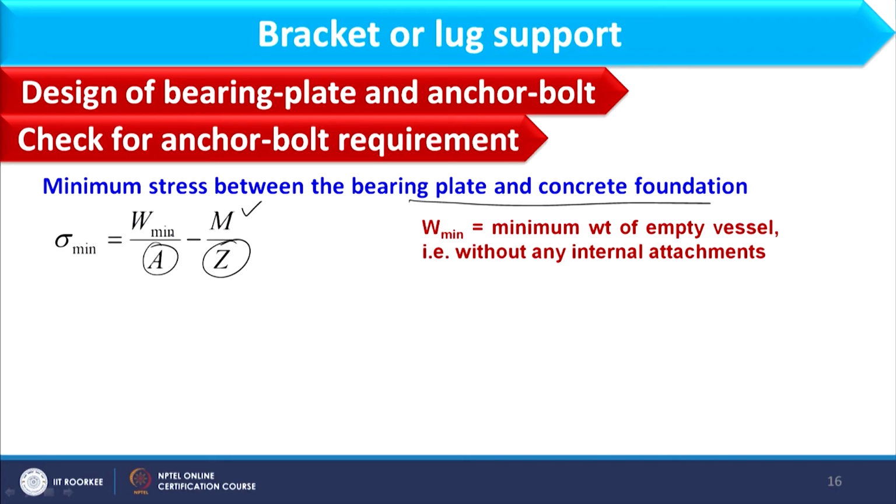So, what happens when this weight would be minimum, and this M is basically the bending moment. So, when this moment would be maximum, it has more chance to overturn.